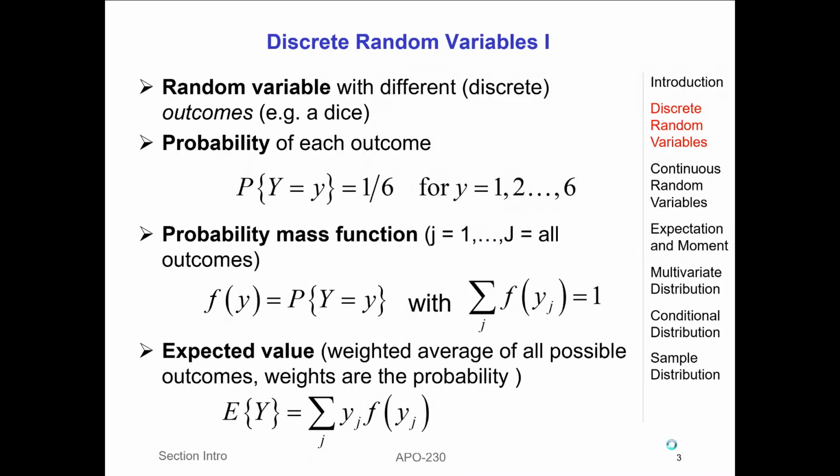Okay, now let's go really into the material. The first thing is discrete random variables. But before talking about discrete random variables, let's talk about random variables themselves. What is that? In general, a random variable is something that can take different outcomes depending on the state of nature.